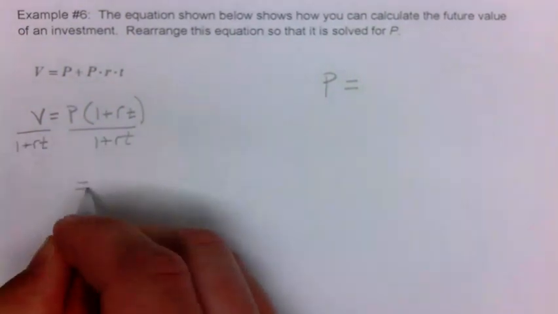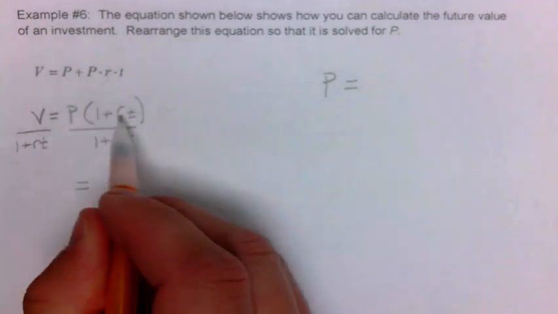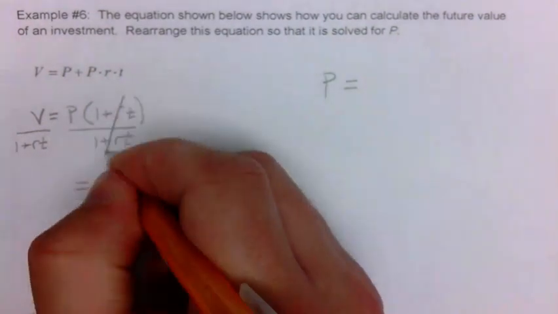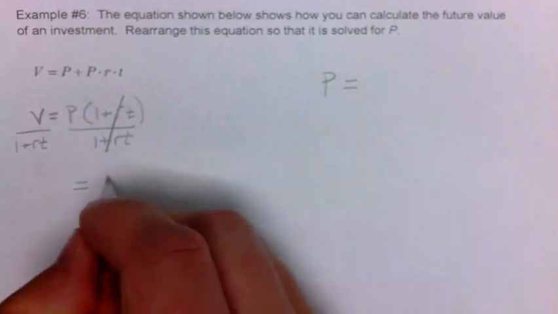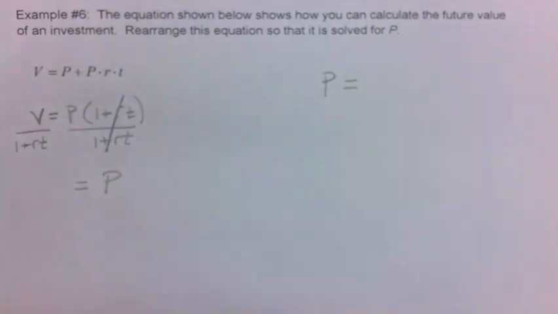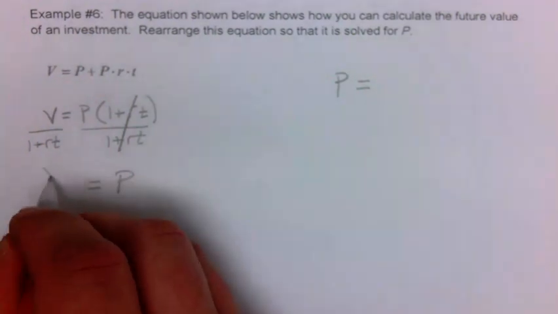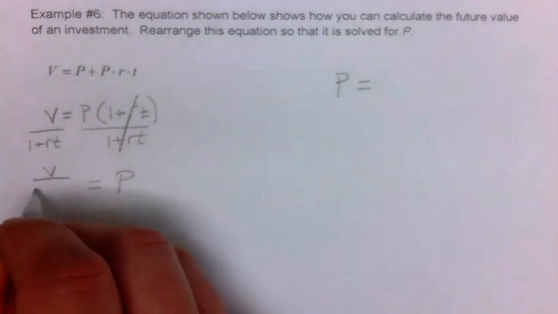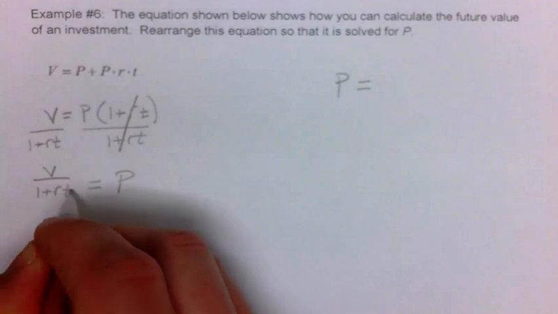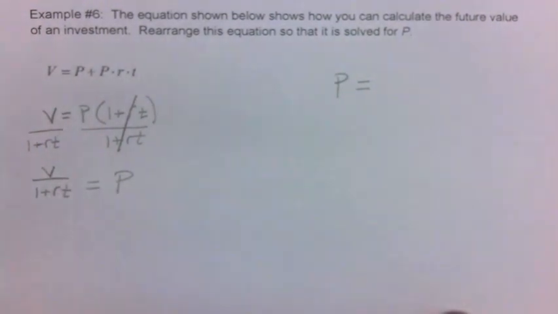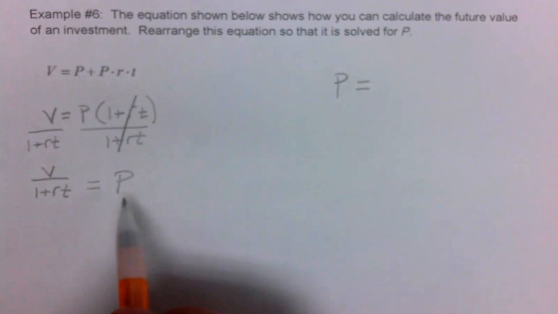When you do that on this right-hand side, 1 plus RT divided by 1 plus RT simplifies to make 1, leaving you with just the variable P. And it's going to be equal to, on the left-hand side, V in the numerator divided by 1 plus RT. And there it is. We have successfully solved this equation for the variable P in terms of the other variables.